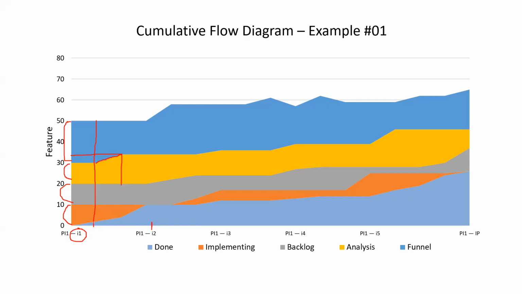But by the time we reached here, implementing got reduced, and this line steadily started moving up. Why? The issues started moving from implementing into the done stage. As the team updates the progress in JIRA for their specific stages, implementing is getting reduced, whereas done is increasing constantly.